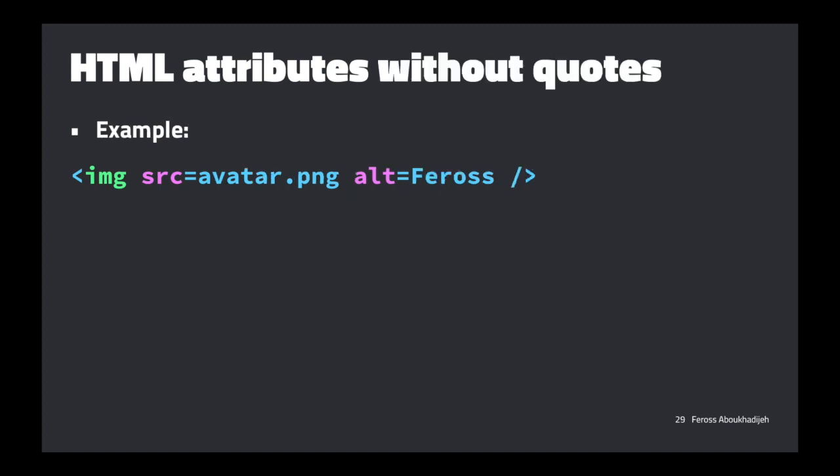Now here's where it gets really nasty. It's possible in HTML to omit the quotes entirely. So you can do this image tag here with no single quotes or anything around it, and this is totally valid. One downside of this is that you can't include spaces in your values, because if you include a space, that's going to be parsed as the start of another attribute.